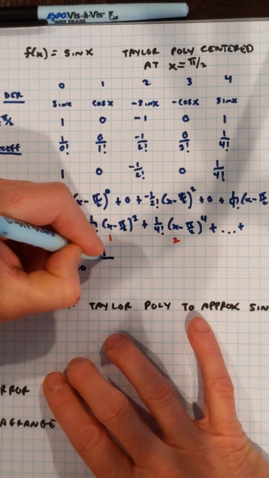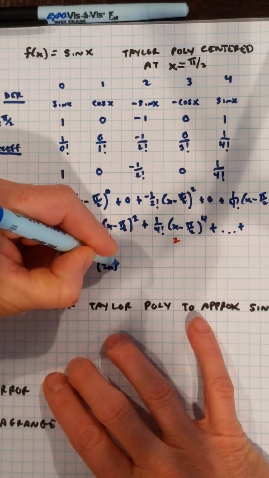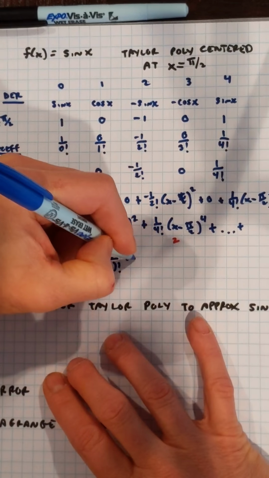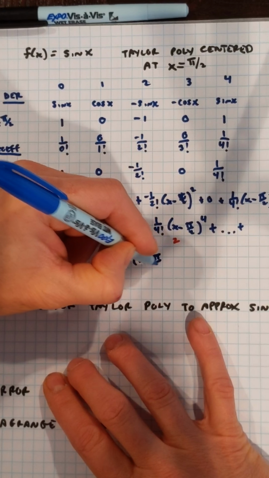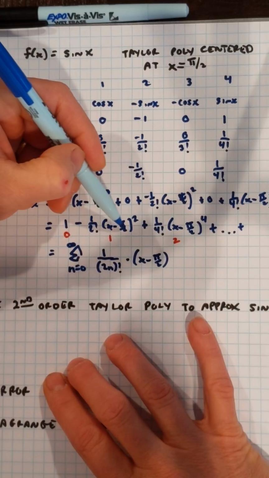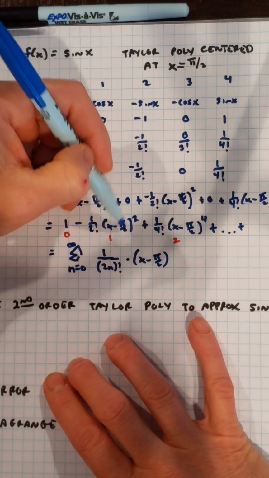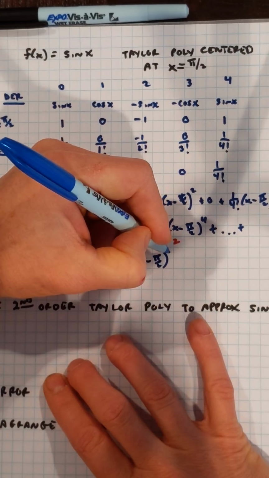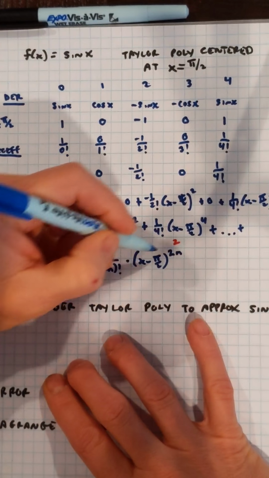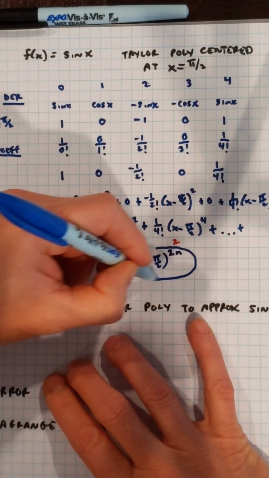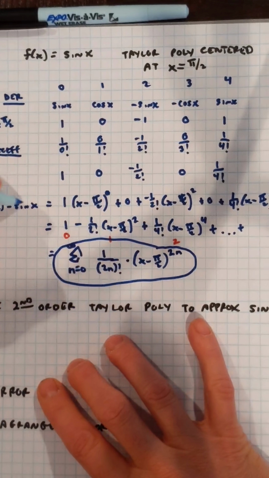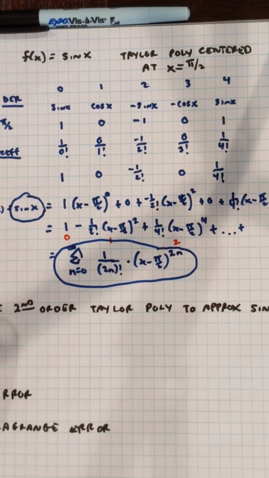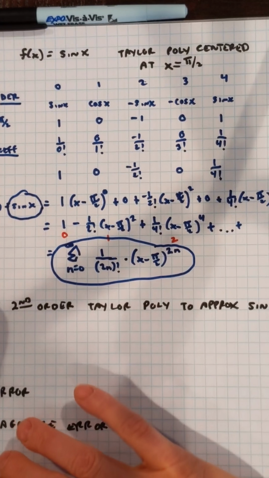So I'm going to write 1 over 2n factorial times x minus pi over 2. That's the same each time, but the exponent is also doubled, so it's going to be 2n. This is the exact same thing as sine x because I created an infinite number of terms in my polynomial.